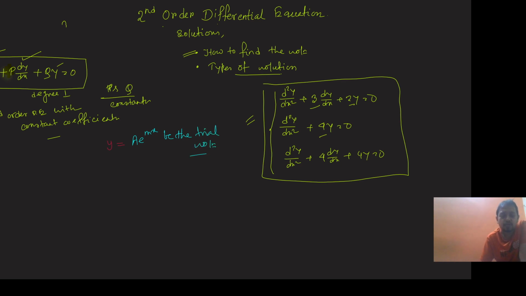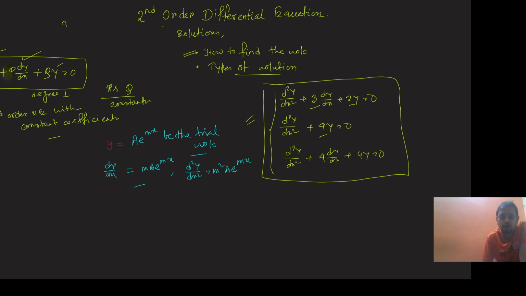From here we find that dy/dx is equal to m a e to the power mx, and d2y/dx2 is equal to m square a e to the power mx.